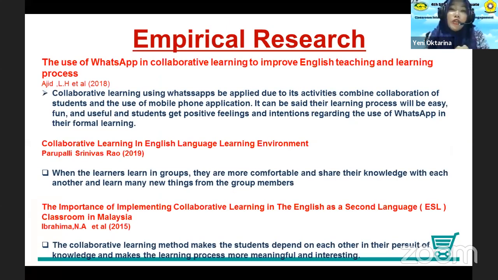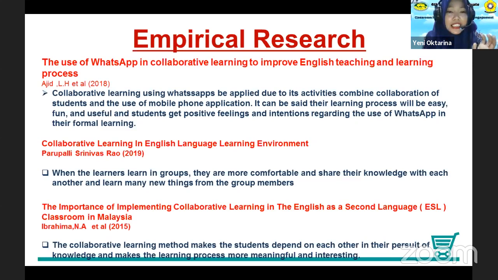This is the empirical research related with collaborative learning: the use of WhatsApp, like Rena said before. WhatsApp is not only for checking attendance and sending messages, but by using WhatsApp as a collaborative tool, it can make the online learning process easy. Why don't you use WhatsApp as a discussion group like that?